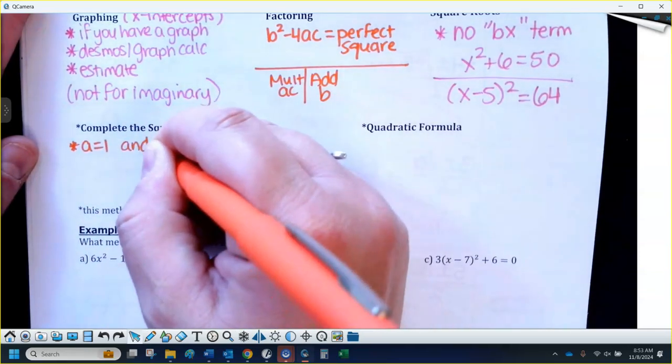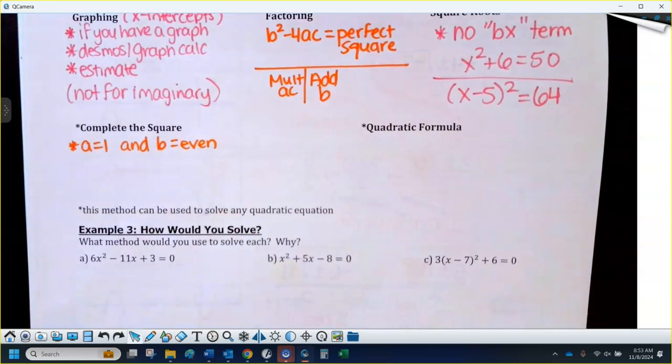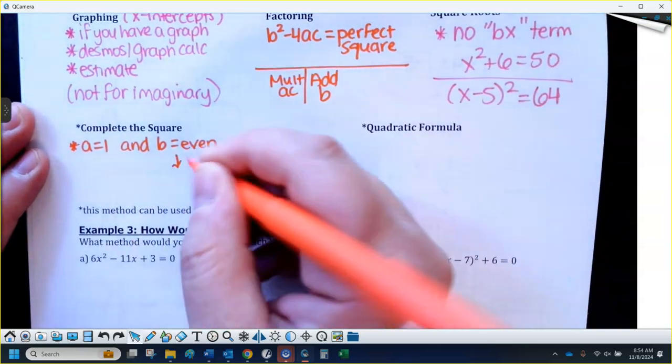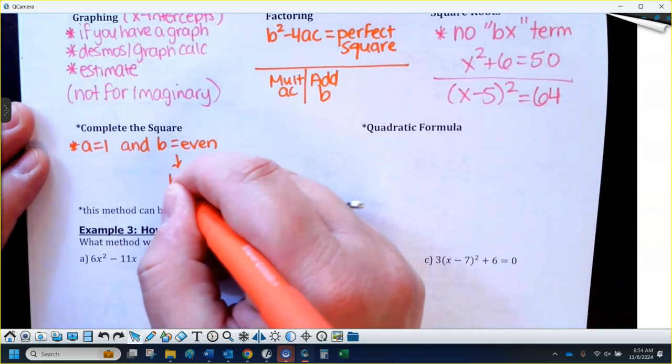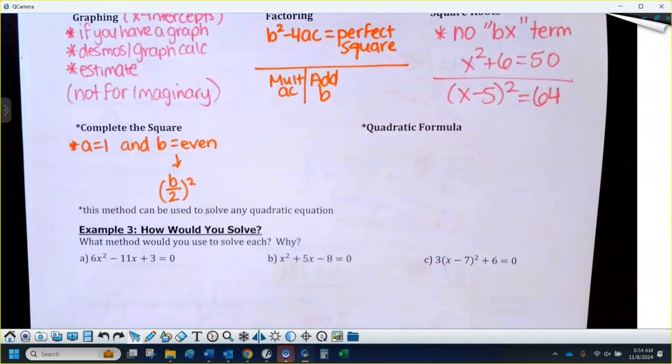And if b is even, that's easier to work with. And if you remember, for completing the square, the reason I would say b to be even would be a good way to pick that. You end up doing b divided by 2 squared to go ahead and complete the square. So if b is even, that's a nice number to work with.